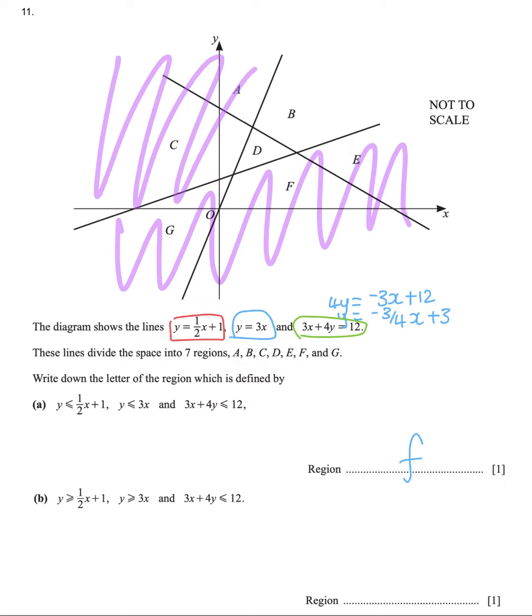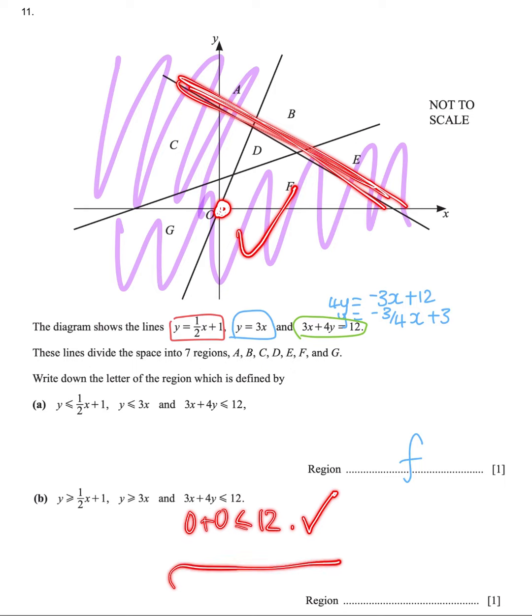And then the last one, again, I could pick 0, 0. So 0 plus 0 is less than or equal to 12. Yes, that works. So I do want the 0, 0. That's shown here. And therefore, I want to get rid of this side of the line. And you can see there that what's left is C.